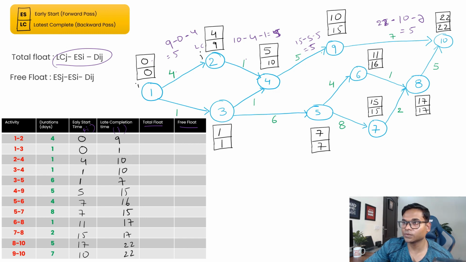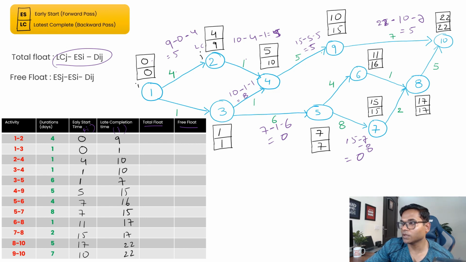where is that node? Yeah, so for 3 to 4, again the same, LC is 10 minus 1 minus 1, which is 8. Here if we calculate total float, it is 7 minus 1 minus 6, which is 0, right? Similarly for this one, 15 minus 7 minus 8, that's equal to 0.